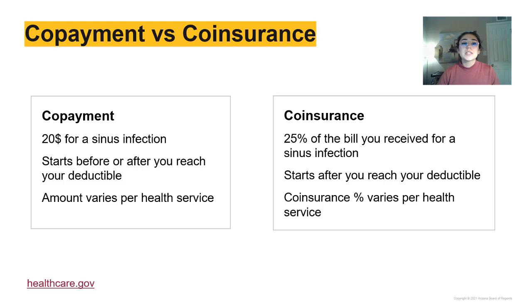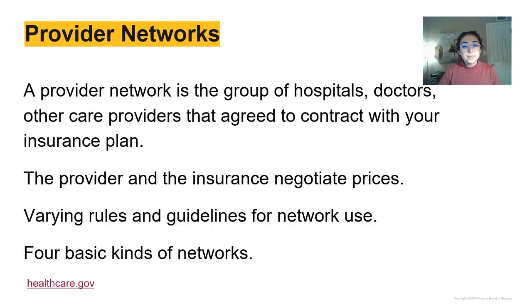And so you would just pay that once you hit your deductible, but prior to that, you may or may not have to pay a copayment. And a coinsurance instead is a percentage of the bill you receive after you've seen your doctor and after your insurance and your doctor negotiate, then you'll pay a certain percentage of that bill. And this one only kicks in once you've reached your deductible. And again, I'll go into more detail in a different video.